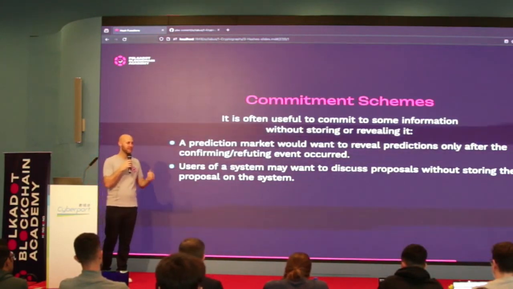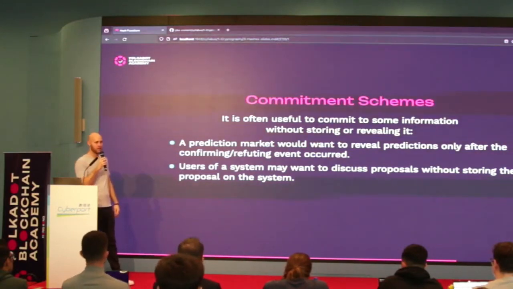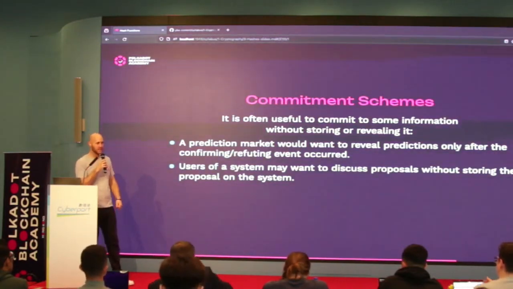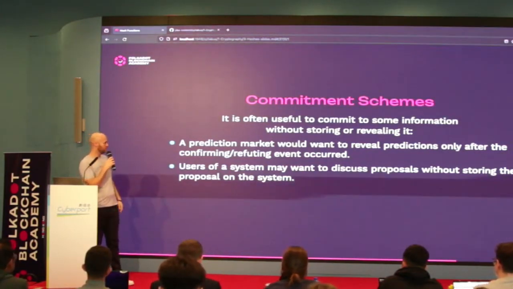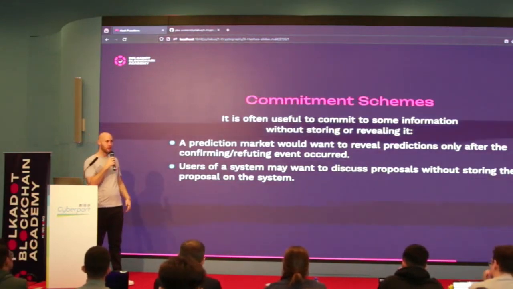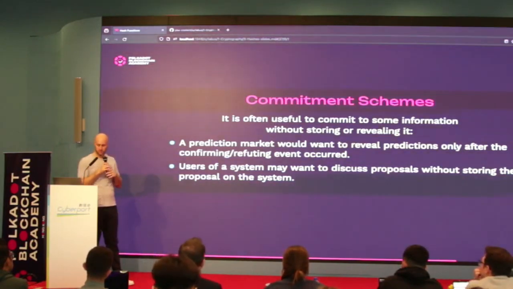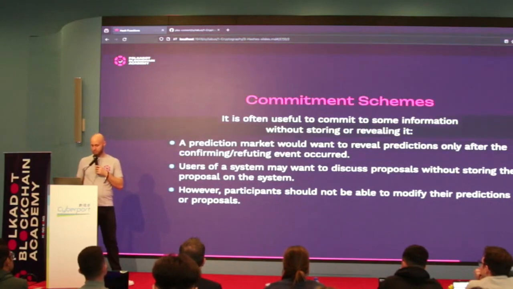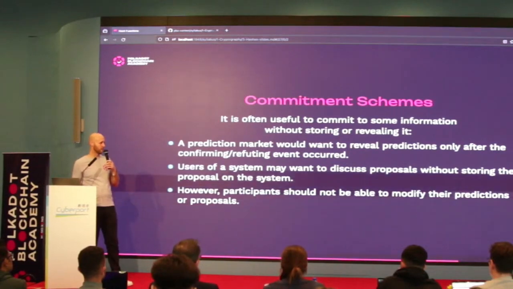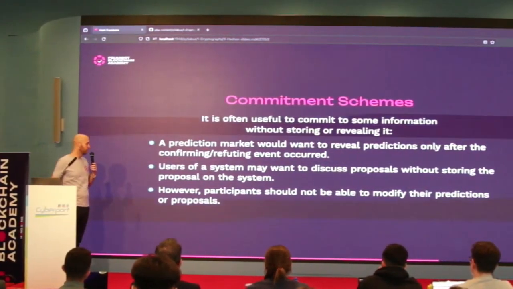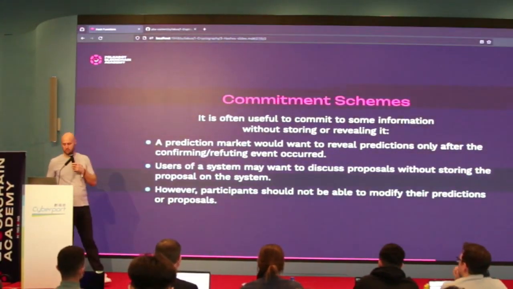This is an issue we have in our world, where we think that one thing is going to happen, then something gets changed behind the scenes, and that's bad. We want people to have to commit to things and not be able to renege on them and go back. We don't want to be able to modify their predictions or their proposals, right? Oh, I actually voted for the other guy. Nope, you didn't. Cool.